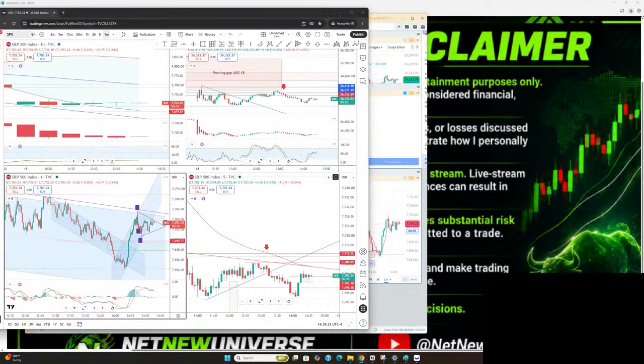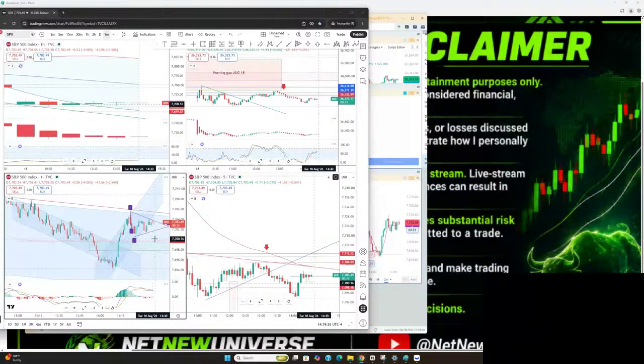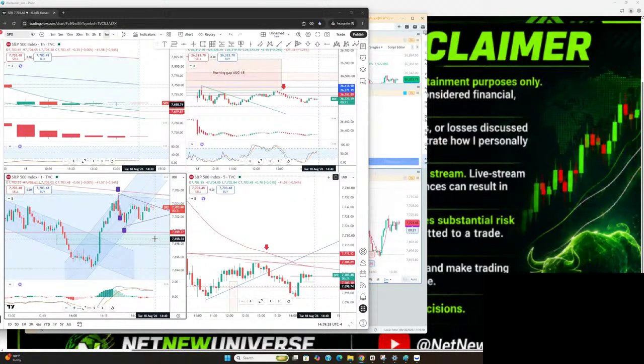It's still fooling around. See, this candle, the previous one is a hammer, the next one will most likely be a hammer, which is what's happening.